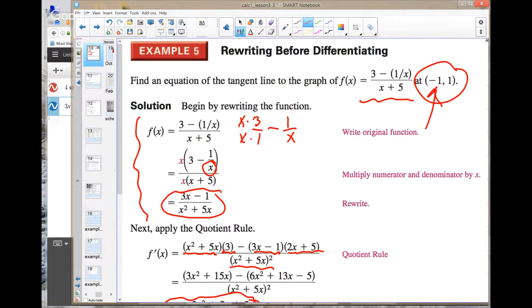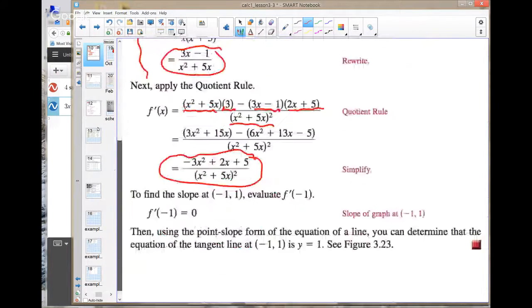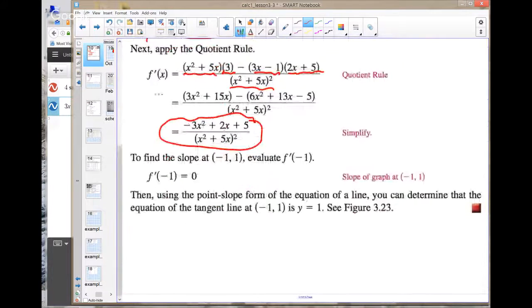x equals -1. So as you continue down here at the bottom, here's our expression. What's f prime at -1? Well, let's plug it in. You plug it in, it turns out it's 0. So now that you know it's 0, this term drops away because 0 times anything is 0.